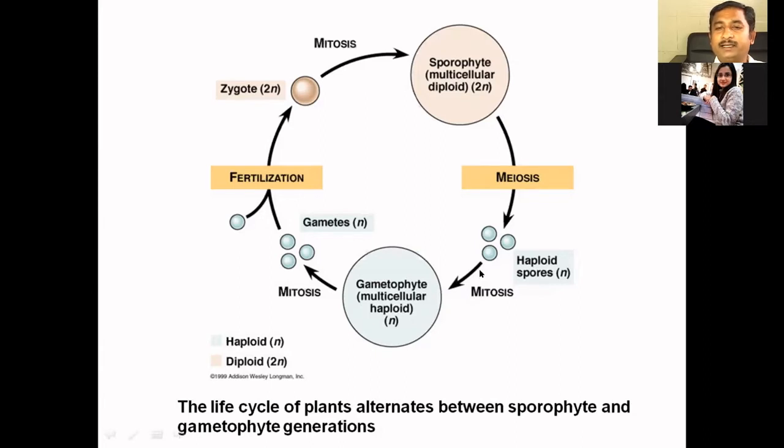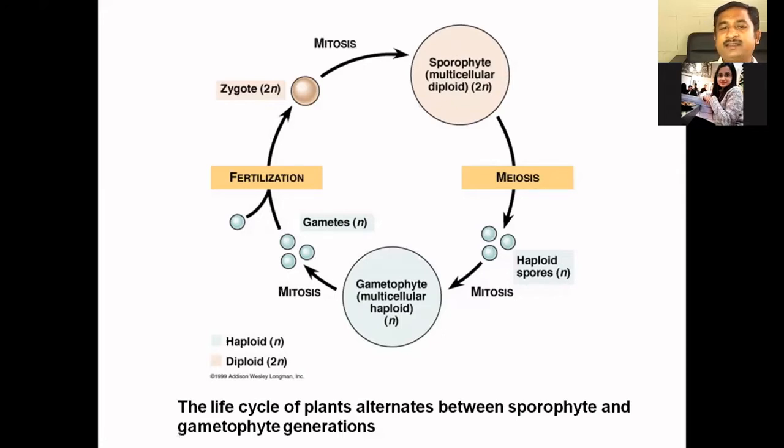It's just a multiplication process, and that is called the gametophytic or multicellular haploid stage.